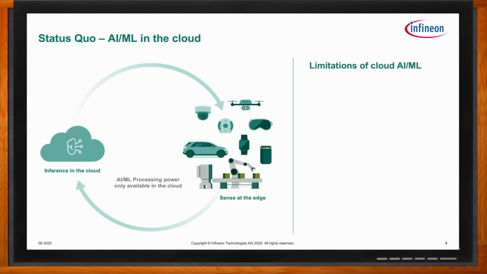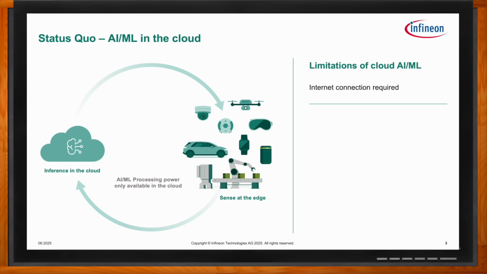What we normally have seen in the last couple of years as AI ML has been introduced is, first of all, internet connection being required, right? That's absolutely a must. Even if you only have a small sensor at the end node, you absolutely require internet.